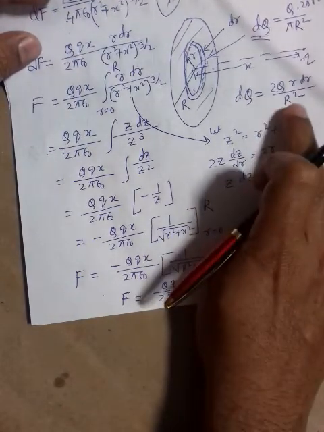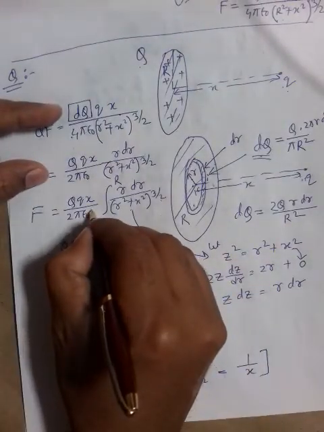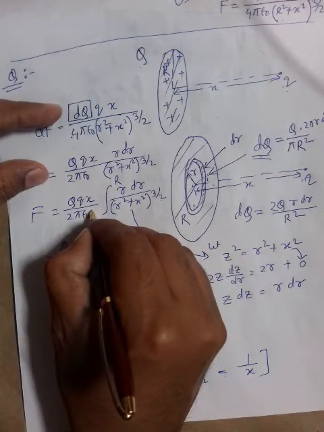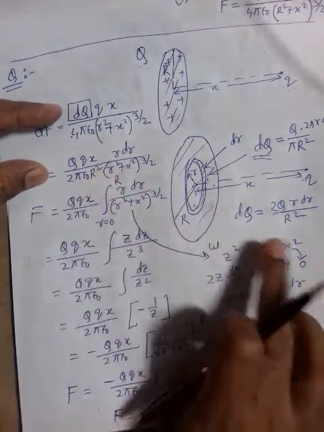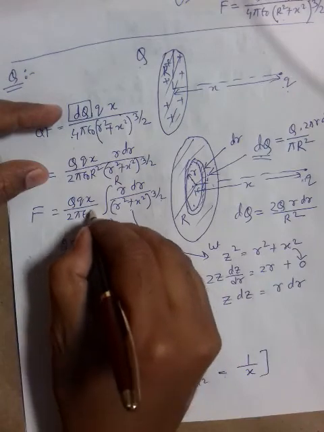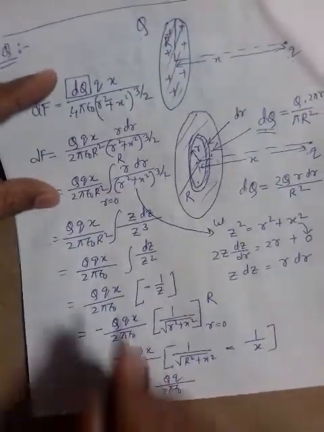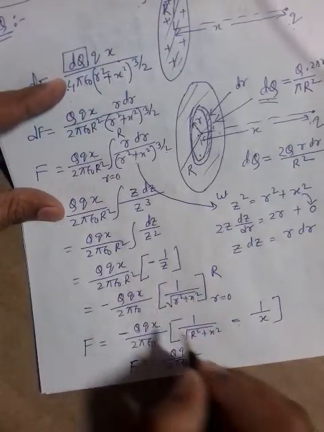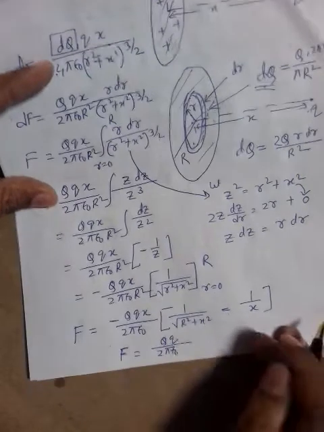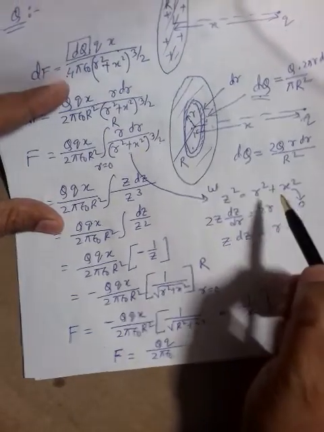In the whole writing, this r square is left out. So you should write this r square. It is a mathematical step.